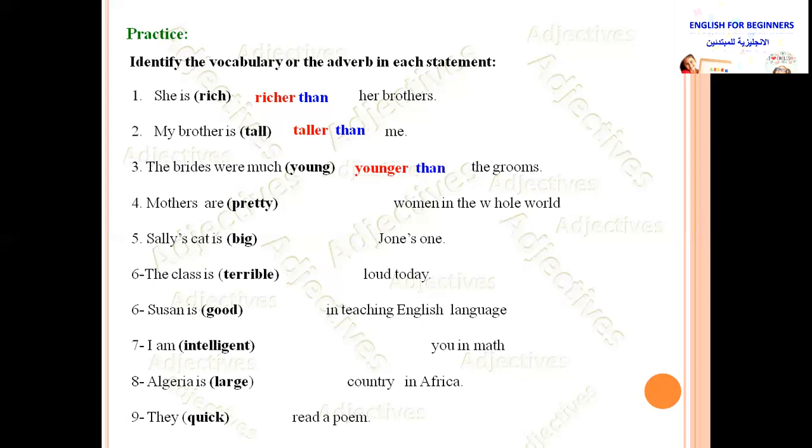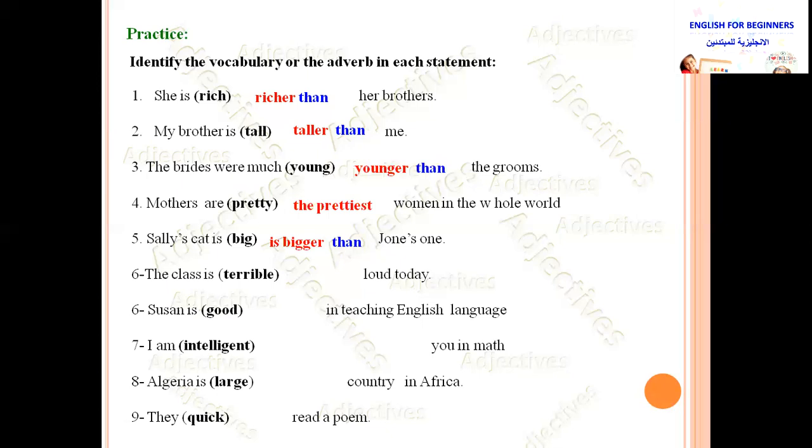Mothers are women in the whole world. So who are they? They are the prettiest women in the whole world. Mothers are the prettiest women in the whole world. Sally's cat is bigger than John's one.